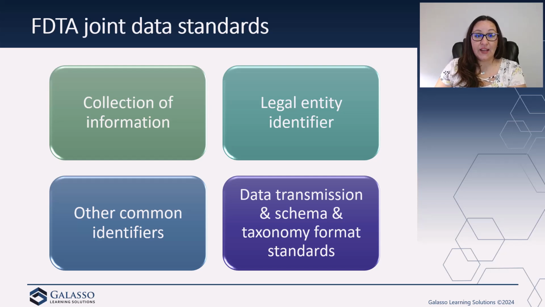The next area is other common identifiers. In addition to the LEI, the agencies propose to establish further common identifiers. This would include unique product identifier for swap and security-based swaps, and financial instrument global identifier for financial instruments.